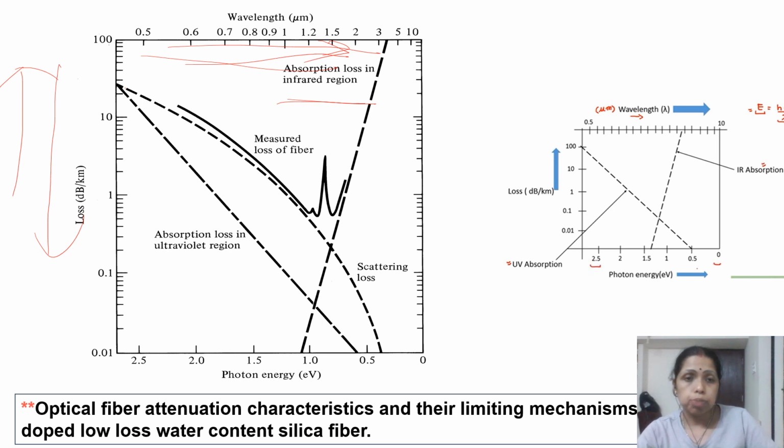With increasing wavelength, the UV loss decreases, and again with increasing wavelength the infrared absorption increases. At lower wavelength, near infrared absorption is less but UV absorption is high. At higher wavelength, near infrared absorption is high but UV absorption is less.